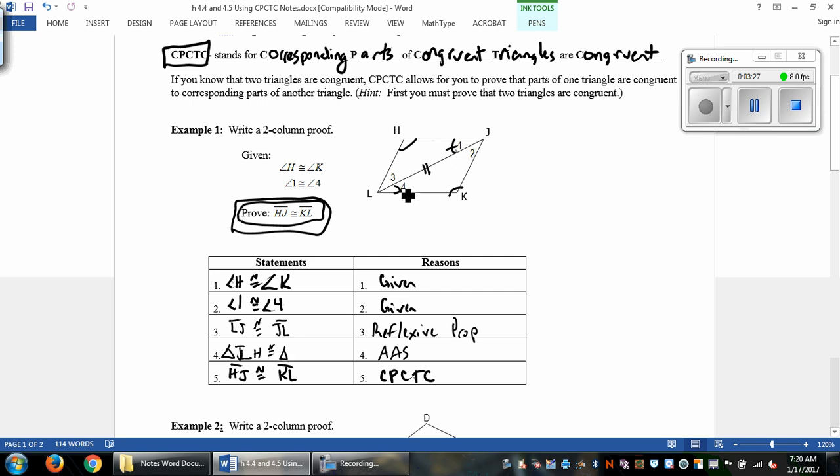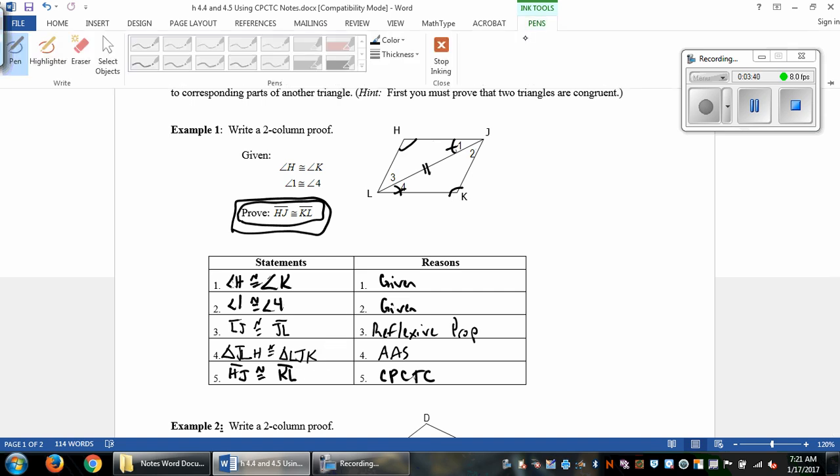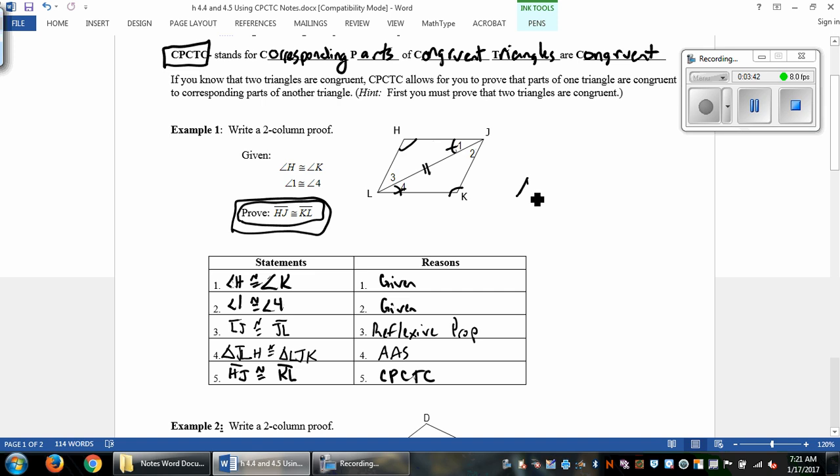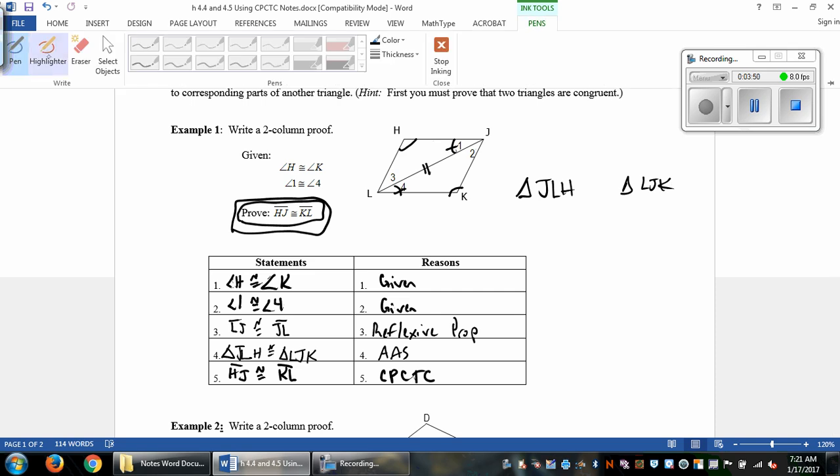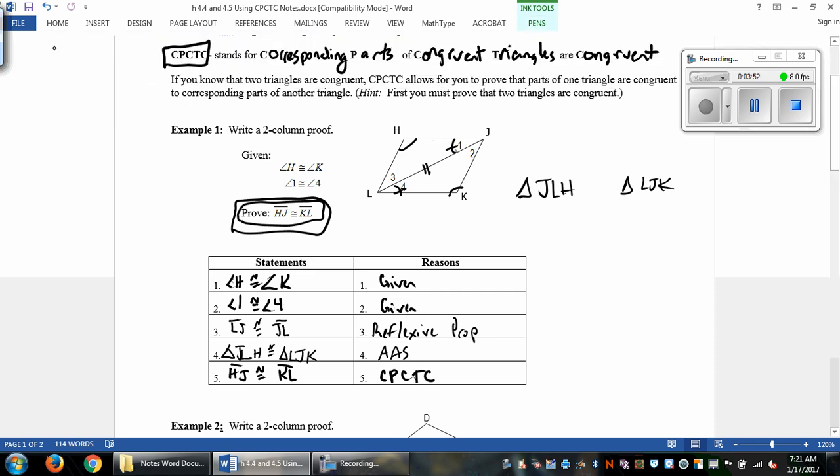Once again, we got to start here where this angle was, matching with that one, so that would be L, going across to J, and down to K. So looking at these, and we'll just make this bigger here, so we've got triangle JLH, triangle LJK.